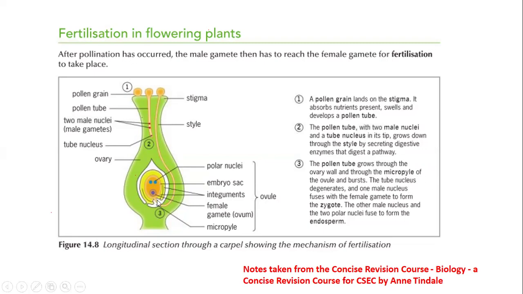So it goes through the micropyle and bursts it. I can see a little rupture here. The tube nucleus degenerates, and one male nucleus fuses with the female gamete to form a zygote. The other male nucleus and two polar nuclei fuse to form endosperm. So guys, we can pay attention to this. I haven't seen this in a long while, but just to take precaution, we can always look at it.